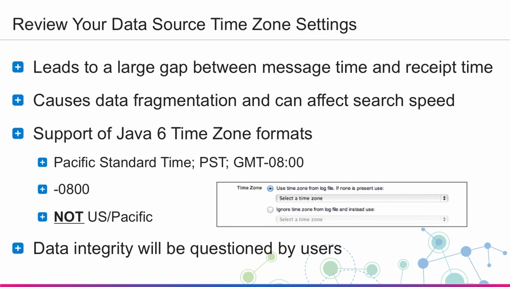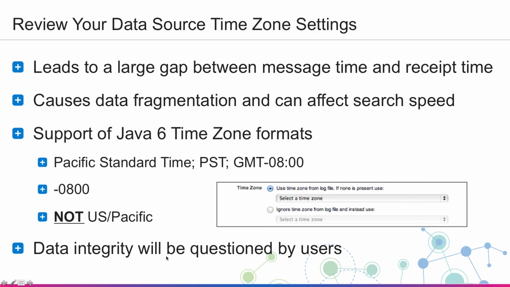So one thing to note is that we support Java 6 time zone formats. So the first two bullet points or sub-bullet points here are things that we would expect in your log messages to have. If not, then we will fall back to the time zone setting that you've selected. Please note that US/Pacific is not a supported time zone, right?